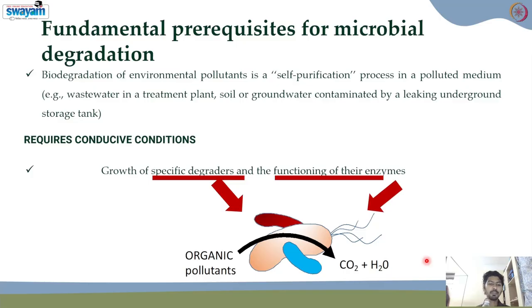So the most important condition is you need to have an appropriate microorganism and appropriate enzyme production with a suitable environmental condition. So this determines the level of degradation. So we will see what are all the requirements that are needed for microbial degradation.